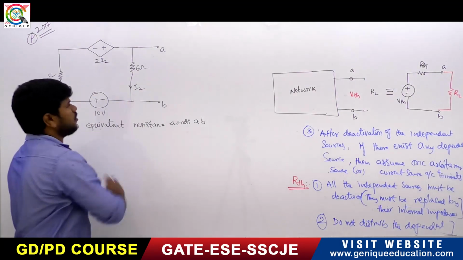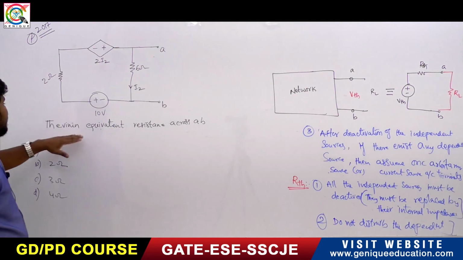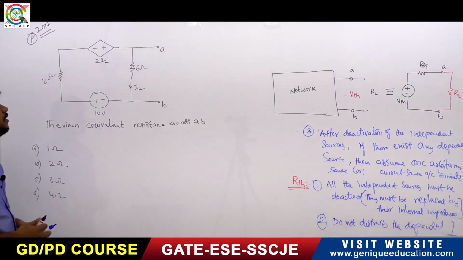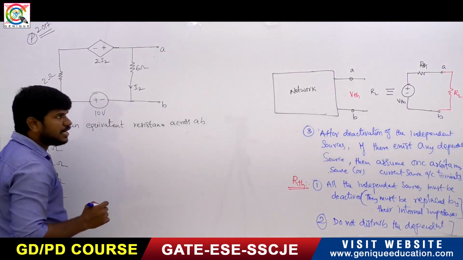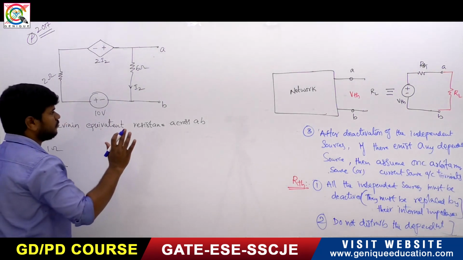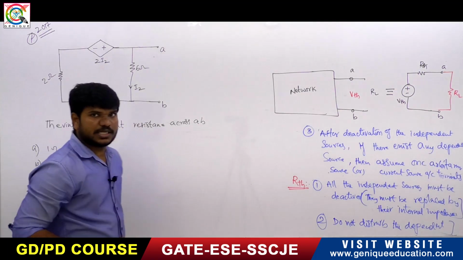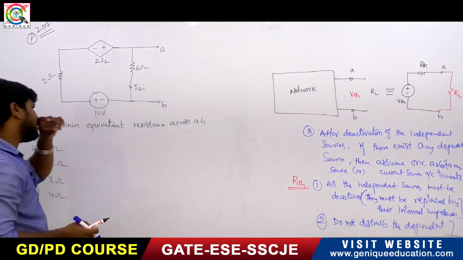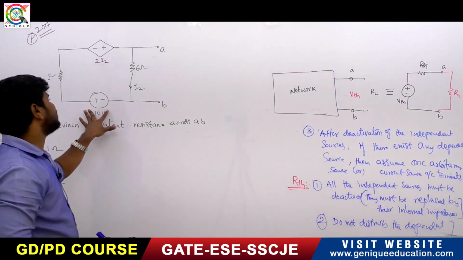Next, come to this question. What has he asked? He has asked for the Thevenin equivalent resistance. So how can you find the Thevenin equivalent resistance? For finding it, we have to deactivate all the independent sources. How many independent sources are there?